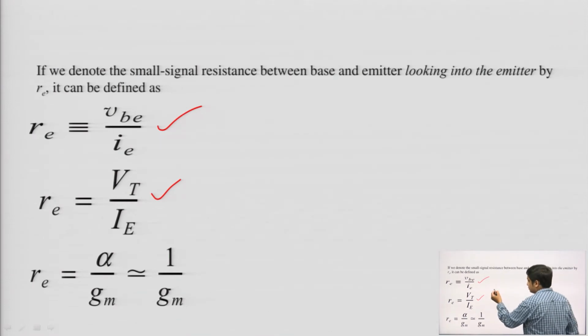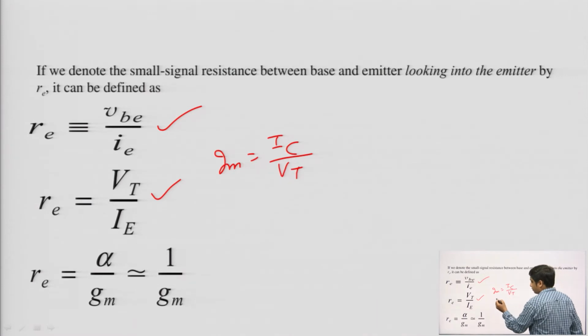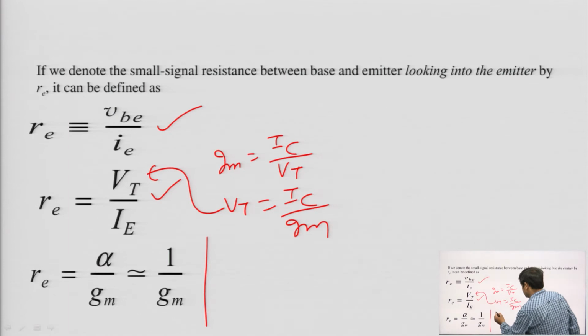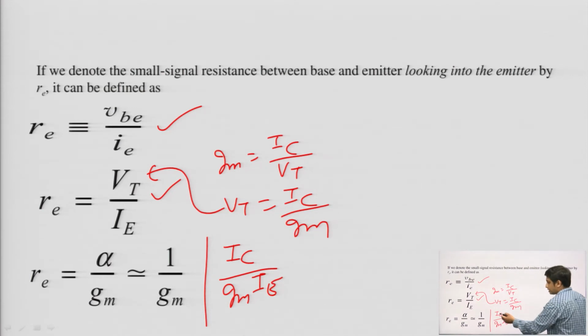Now, you can write G m is equal to I c upon V t. So, what will be the value of V t here? V t will be I c by G m. Just put V t is equal to I c by G m here, then what we will get? It will be I c by G m into I e, and we know that I c by I e, collector current upon emitter current, is alpha.